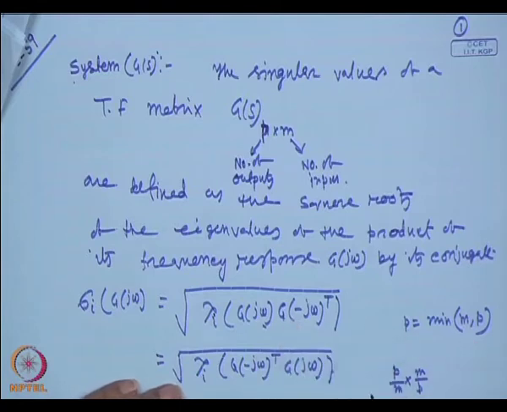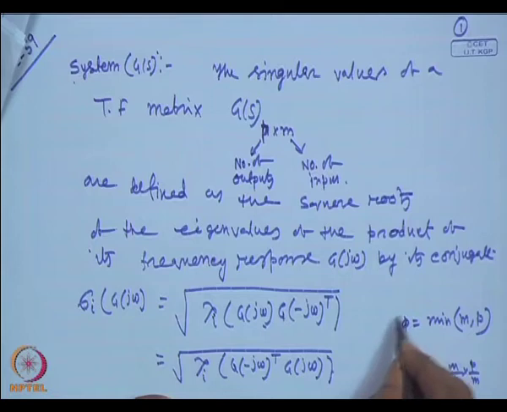If m is the minimum, see this expression, G transpose means m comma p and p comma m. So if m is the minimum of these two, then we will use this; you write it some other way, let us call it r, the minimum of this.